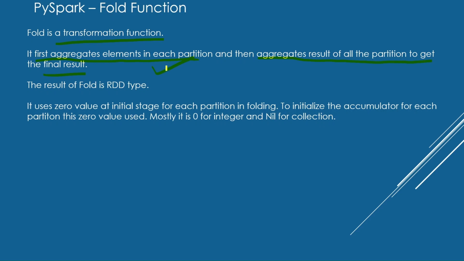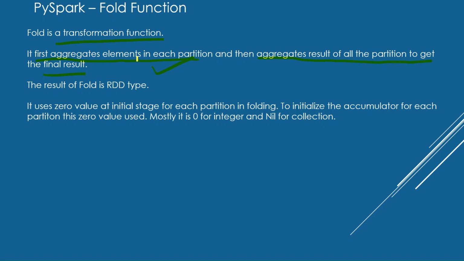Let's understand it. Suppose there are 10 partitions and each partition has, say, 20 elements. If we apply any kind of aggregate function on that RDD, what will it do? Suppose we are doing a sum aggregate.